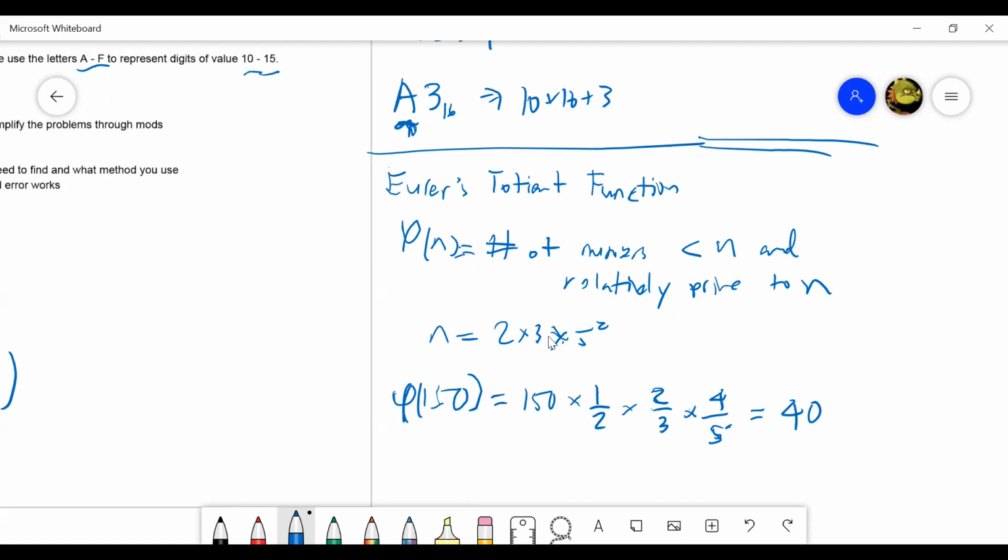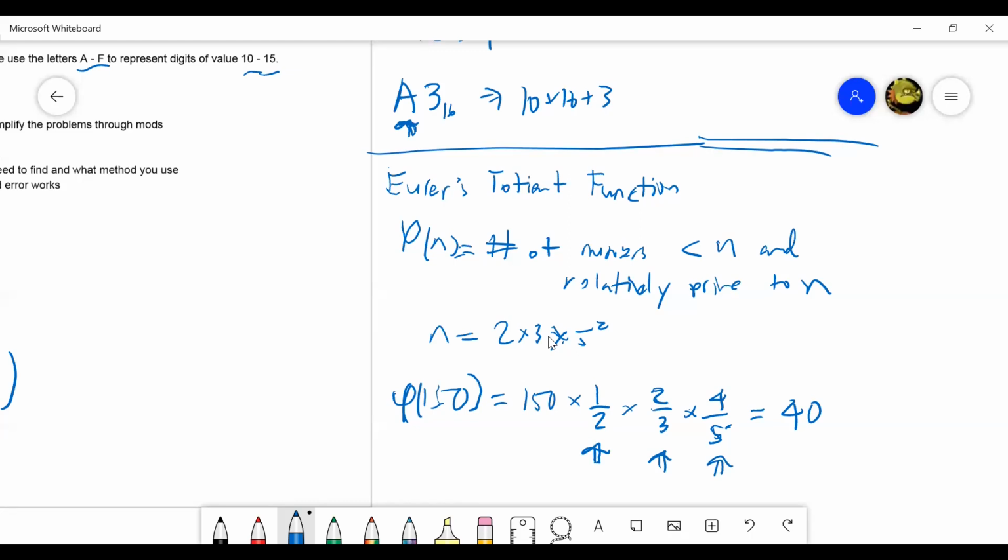Essentially, the reason why you can do this, where you multiply by 1 minus 1 over each of its prime factors, is because of the numbers less than that number, including that number actually, half of them are divisible by 2, 1/3 of them are divisible by 3, and 1/5 of them are divisible by 5.